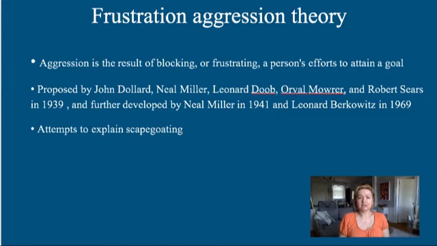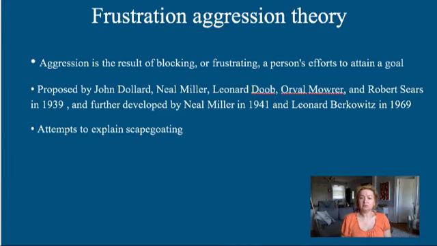And another theory that we are going to mention in today's lecture is frustration aggression theory. This theory also looks into deep internal processes in humans that lead to conflict. So what does this theory say?